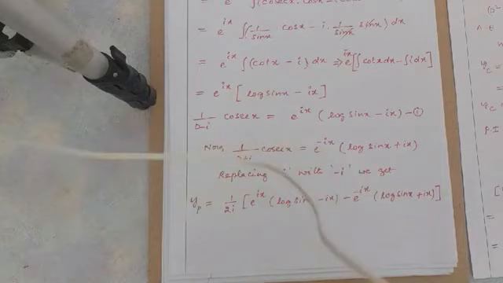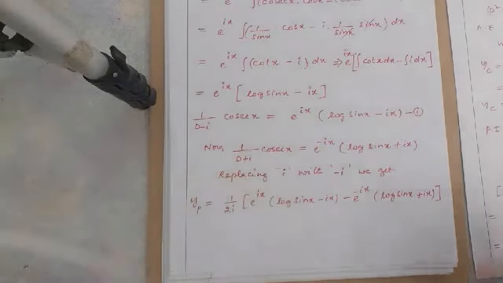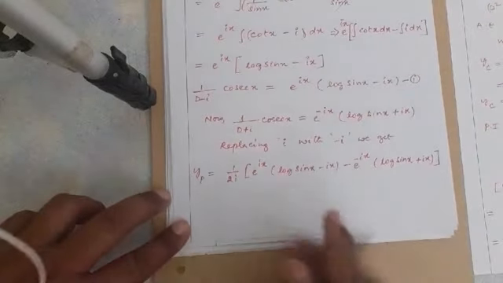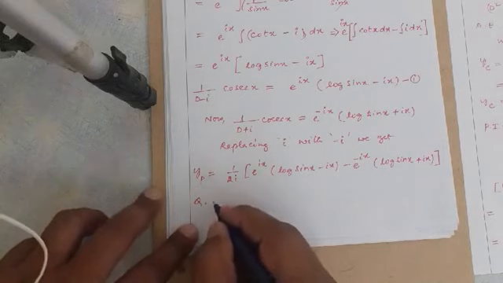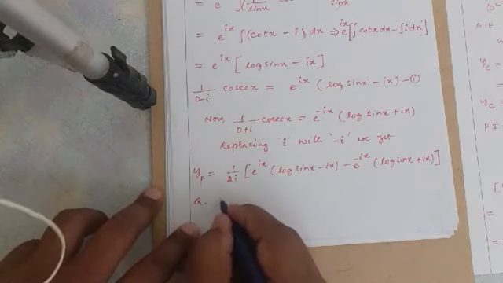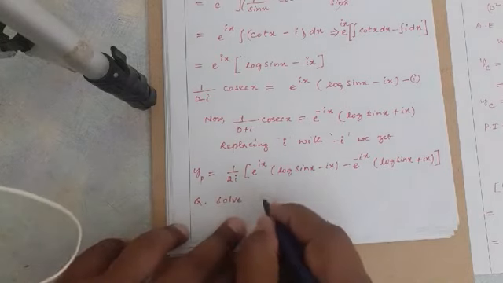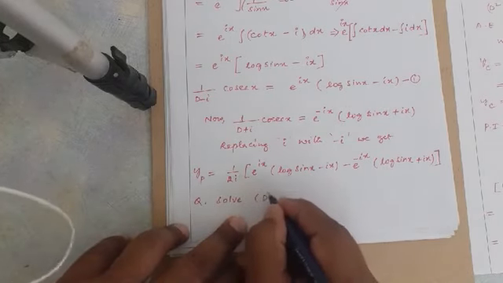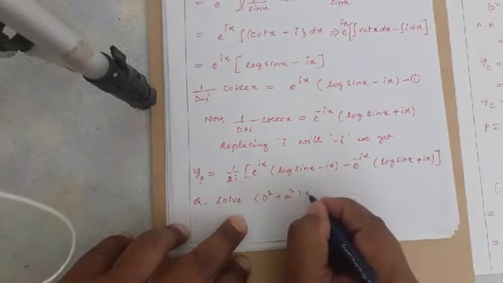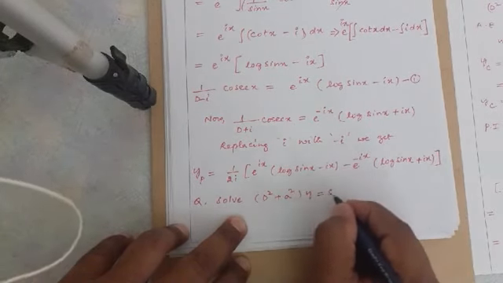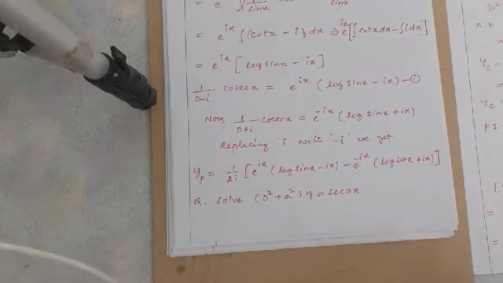I'll give you one homework problem. Take down this problem and do it at home. If you can solve it, do it, or else post in the WhatsApp whether you are getting this problem or not, so that I can do it in the next class, or I'll post the solution in the WhatsApp.